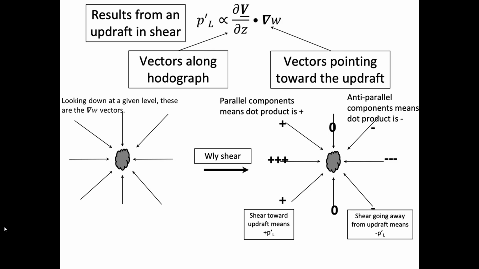And along the y-axis over here, our westerly shear vector is everywhere perpendicular, or orthogonal, to our updraft gradient vector, resulting in no perturbation pressure from the linear effects. So everywhere up shear, we get positive linear perturbation pressure. Everywhere down shear, we get negative linear perturbation pressure.